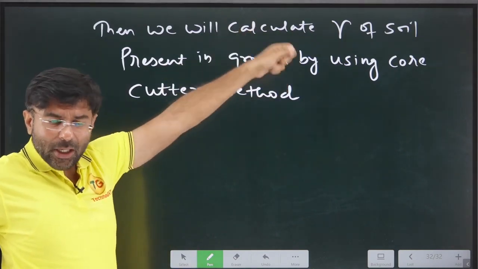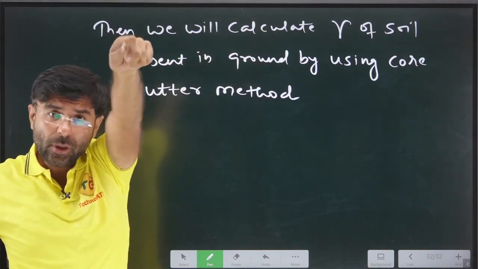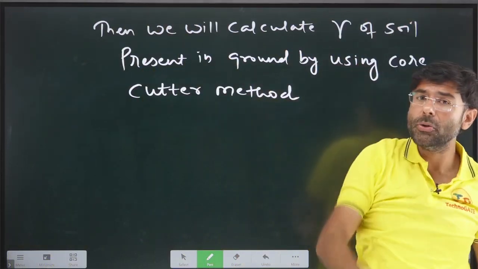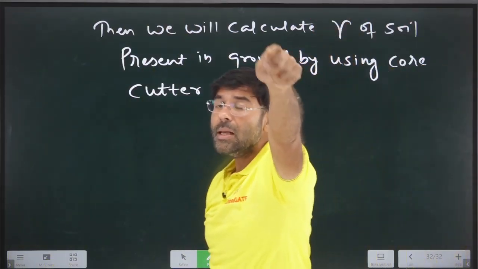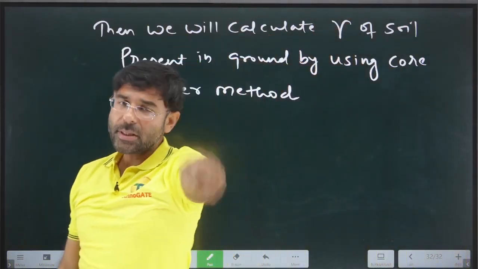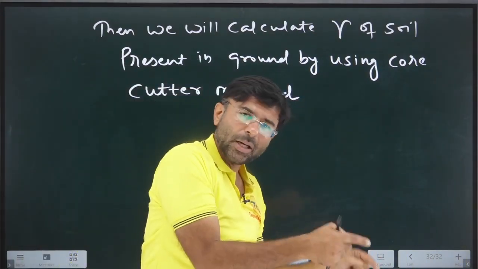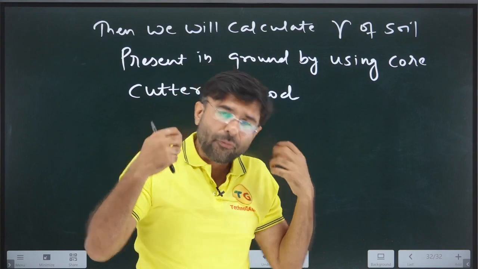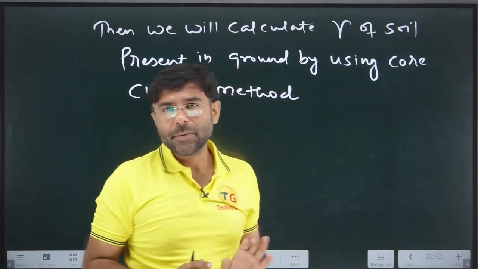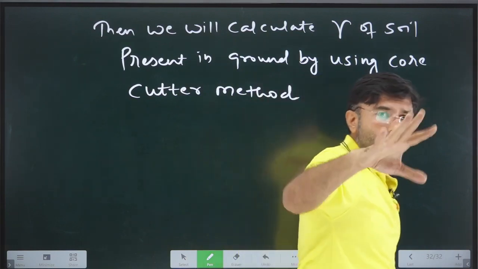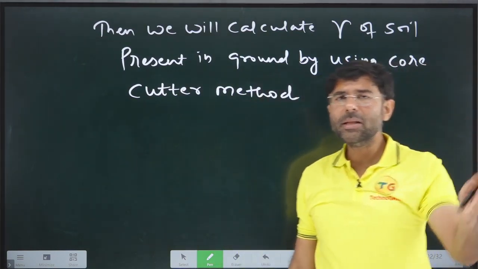Can I calculate the water content of the soil that was present in the ground? Because the soil which was present in the ground, I was not sure that the original soil was dry. The sample which I have taken from the ground was dry. If it was not dry, I made it dry. But the soil which is actually present in the ground, we are not sure that it was dry.